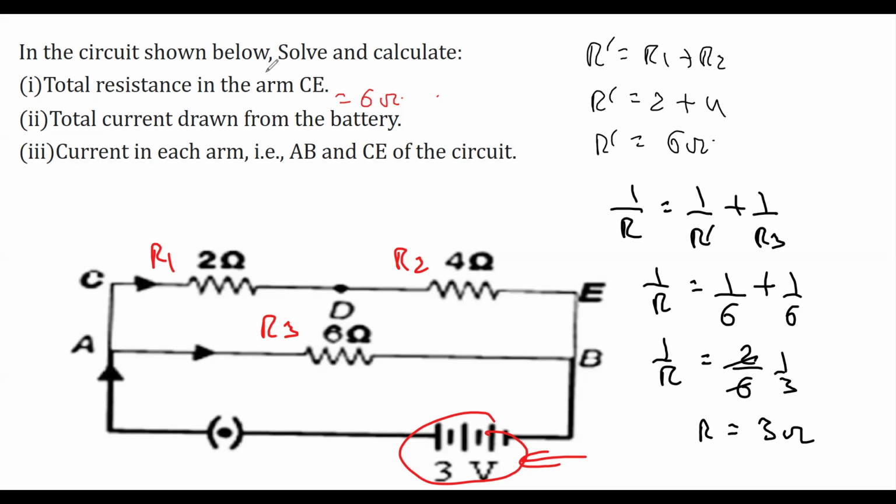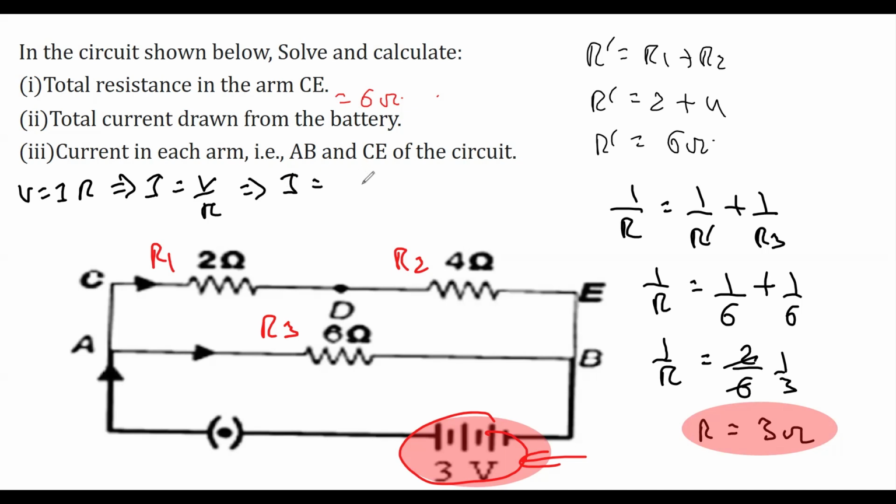Now, why did we calculate this? As I said in the beginning, we have to find total current. For this, we need total resistance. So now you see here, applying the formula V is equal to IR, I can say I is equal to V over R, and V is 3 from here and R is 3.